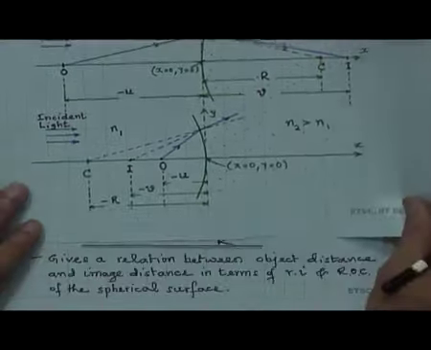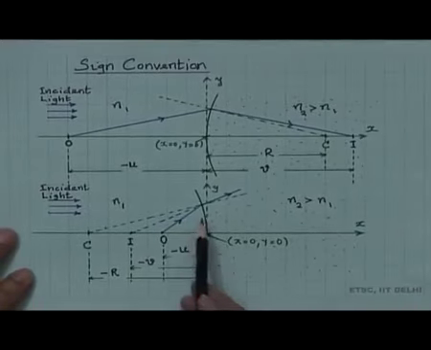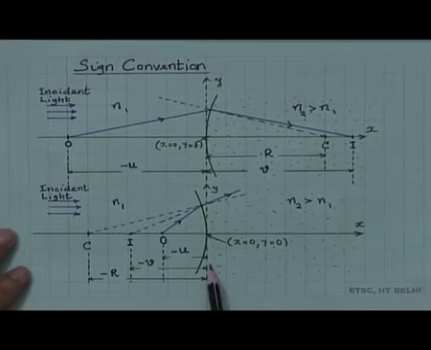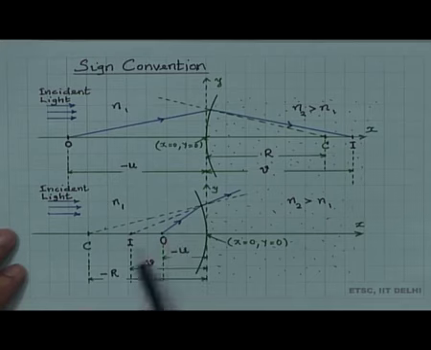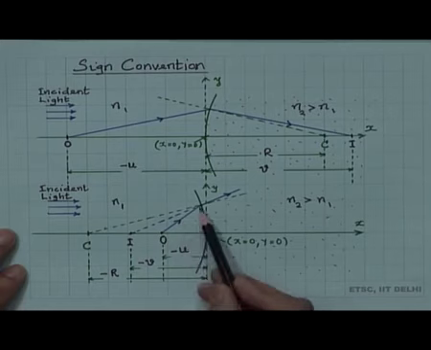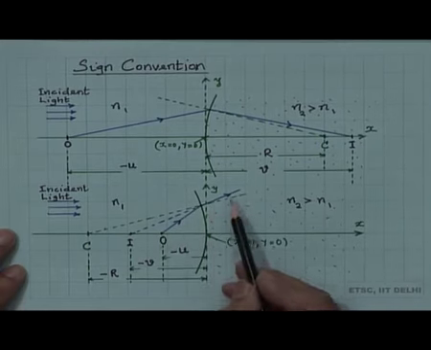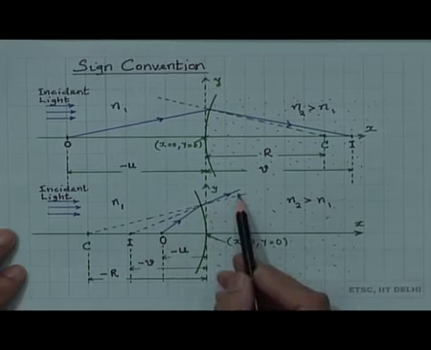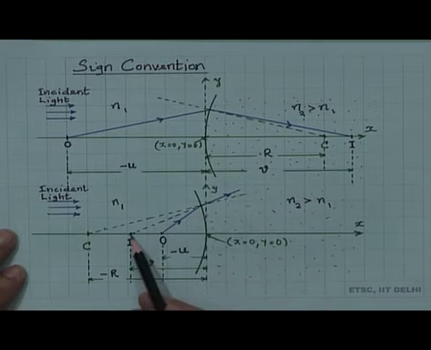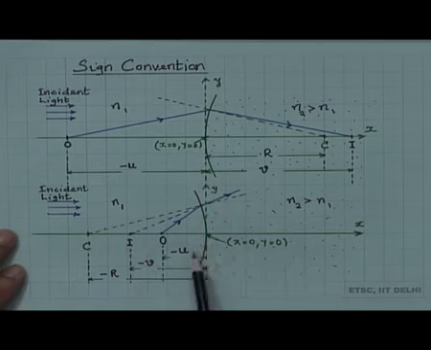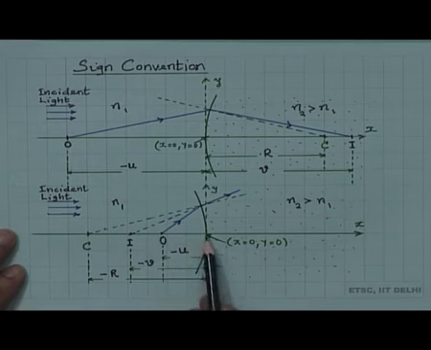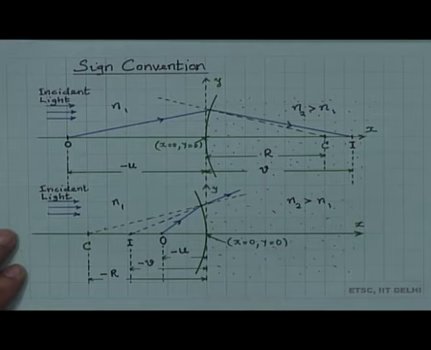If we had a concave surface like this, the object is here. For this case, the image is also on the left hand side. A ray which is bending here, the straight ray does not intersect, but they appear to come from a point I here, and therefore, a virtual image is formed at the point I. In this case, we see that the object distance is also on the left of this point x equal to 0, y equal to 0.